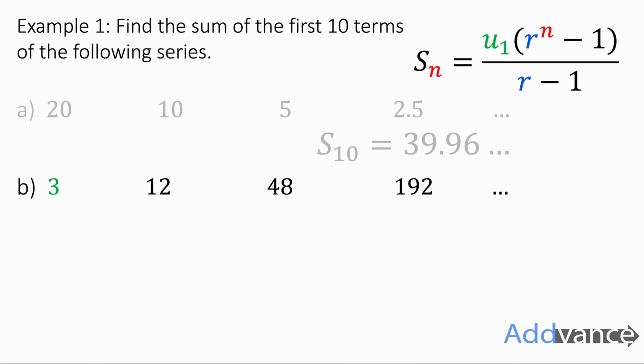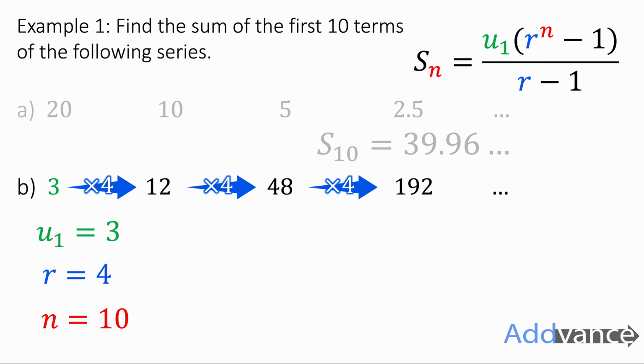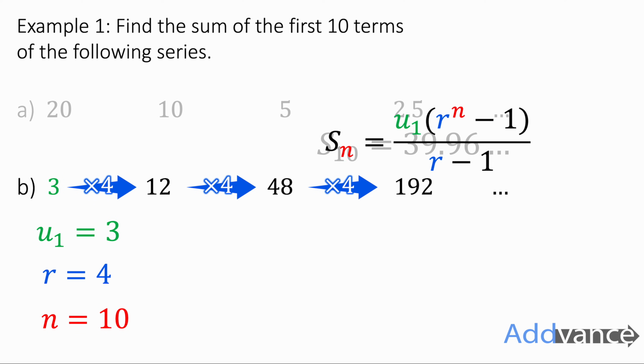And that is the sum of the first 10 terms of this geometric series. Let's look at part B. The first term is 3 and the ratio here is 4. Again, I can find 4 by doing 12 divided by 3. So u1 is 3, r is 4, and n is 10.